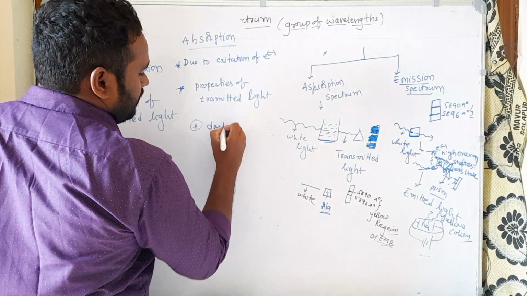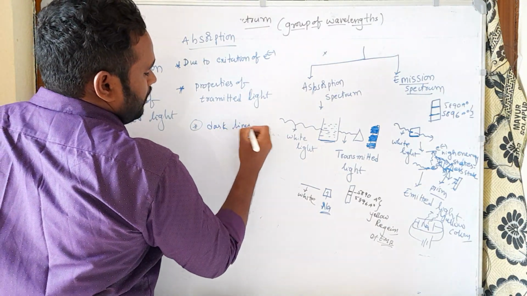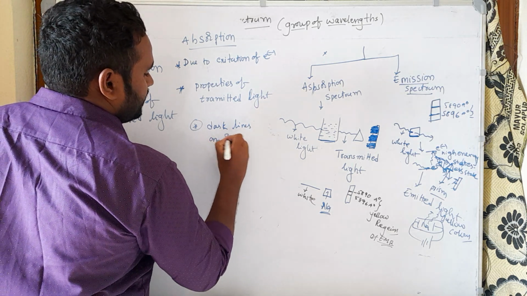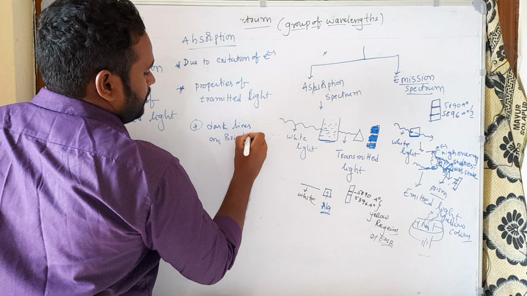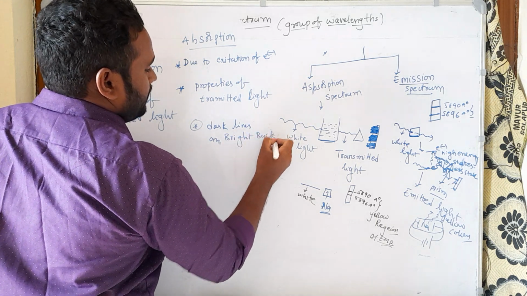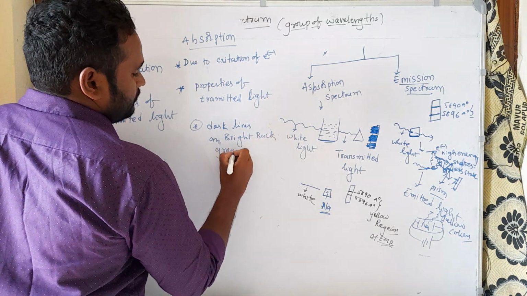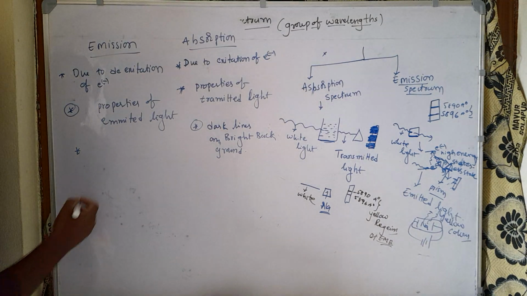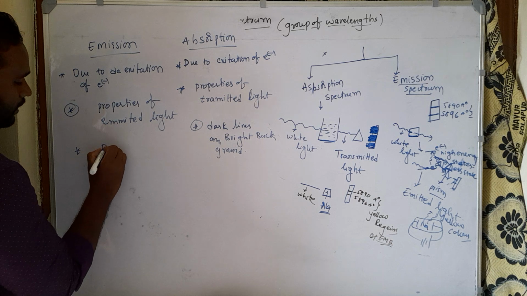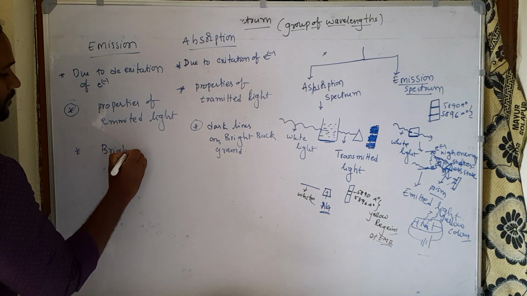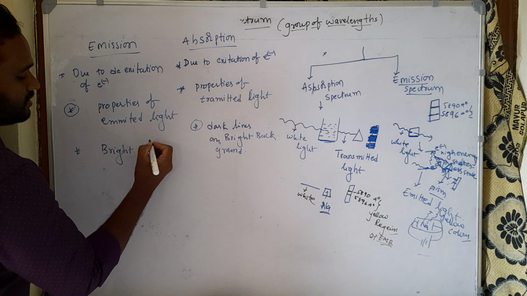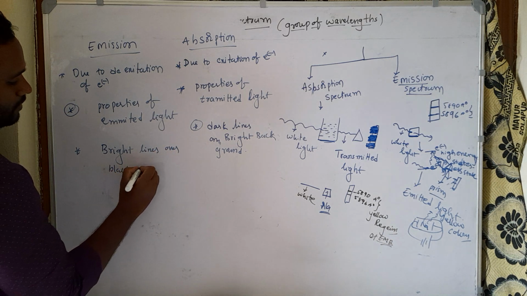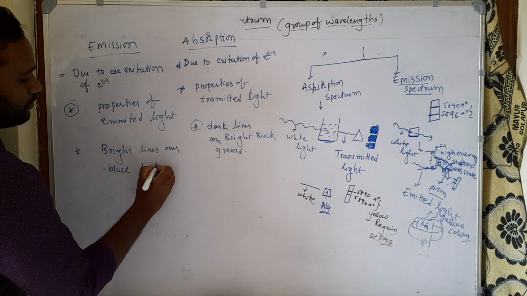Dark lines on a bright background, whereas the emission spectrum is bright lines over a black background.